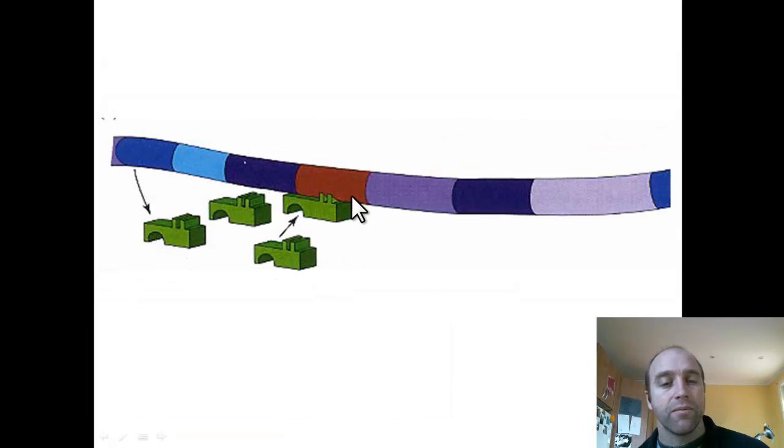And normally, these regulatory genes are producing this repressor protein, which is sitting in this operator gene, sitting in the on-off switch, switching it off, stopping the rest of these genes being read. These genes don't need to be read most of the time because we don't need to produce enzymes to break down lactose if there's no lactose present.